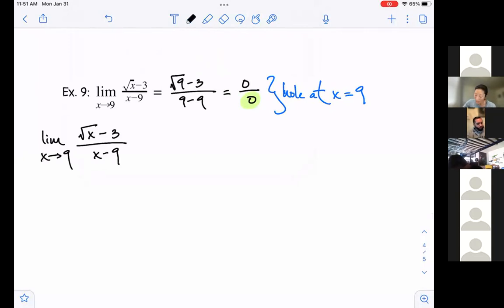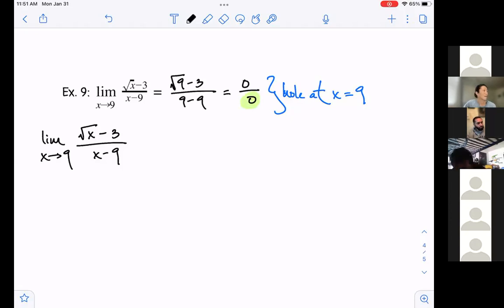Now, once upon a time, maybe in pre-calculus, you heard of something called a complex conjugate. It's also okay if you don't know what this word means.